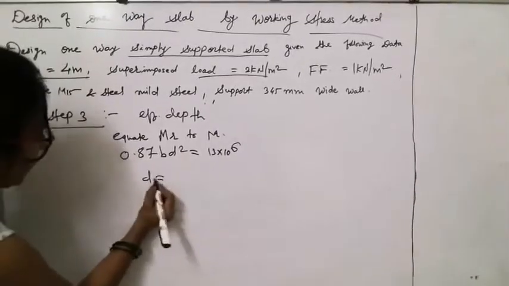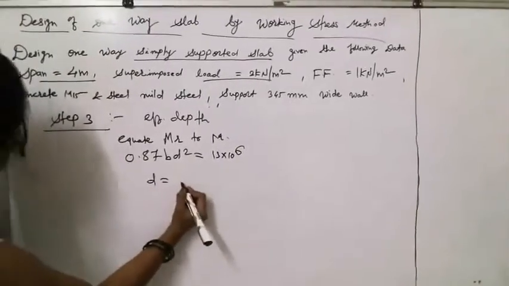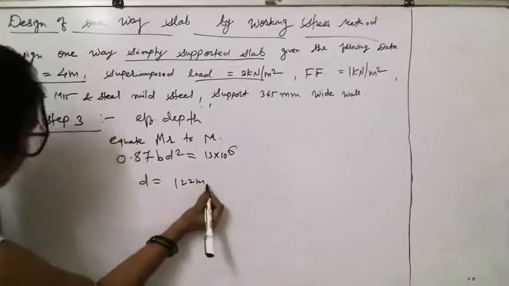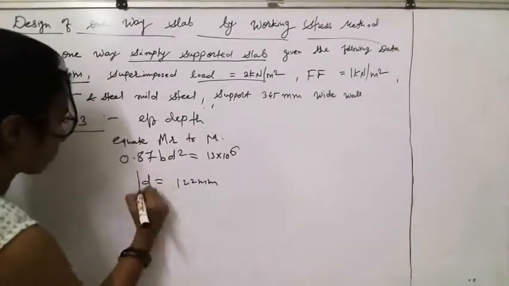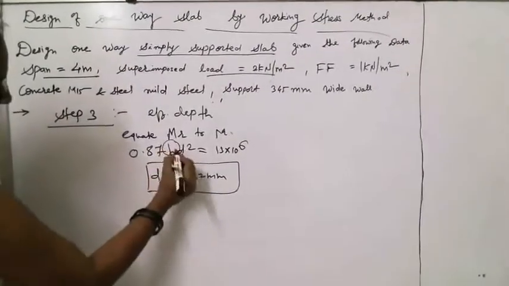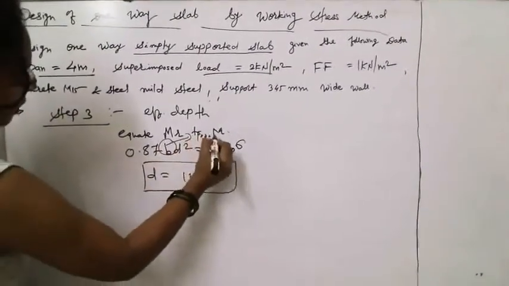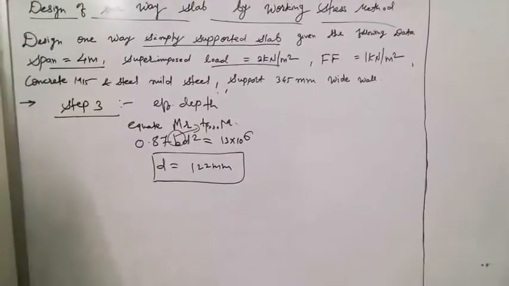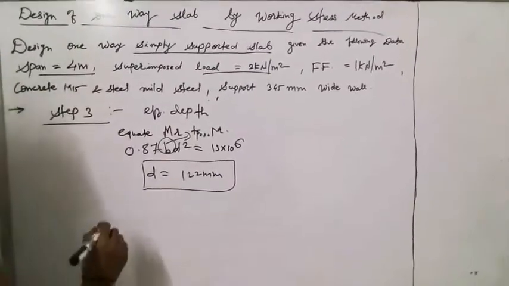So we will get the value of effective depth as 122 mm. What is the value of B? It is 1000. Okay, we will get the value of d.